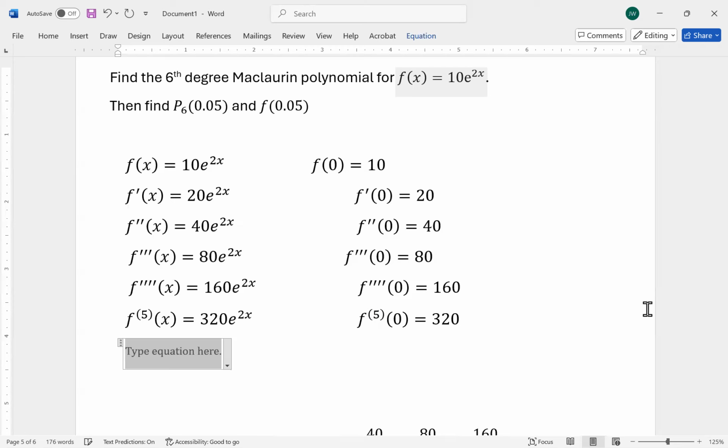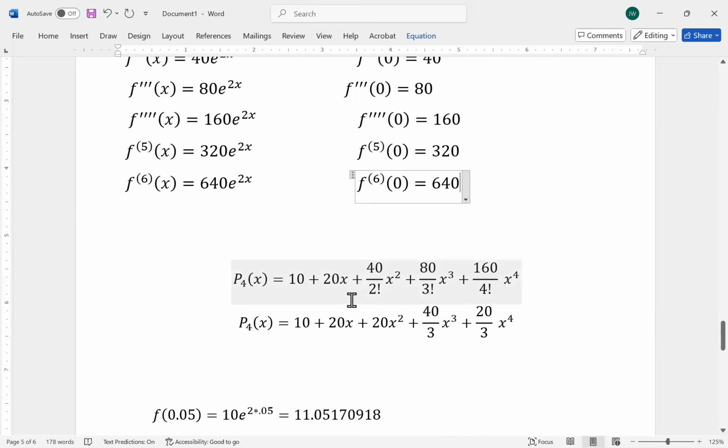Sixth derivative becomes 640 e to the 2x. And when I plug in 0, I get 640. Takes longer to type out than it actually does to figure out. And then I say, let's just add on a couple of terms.